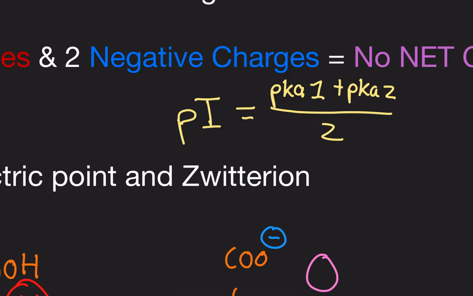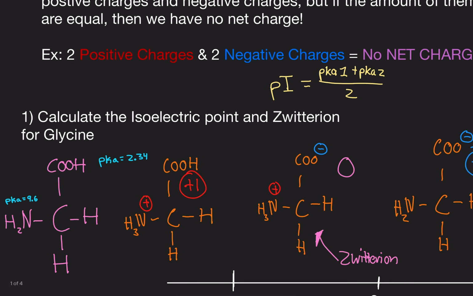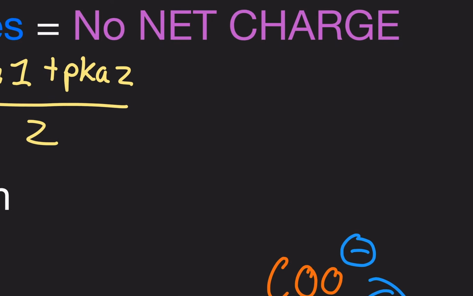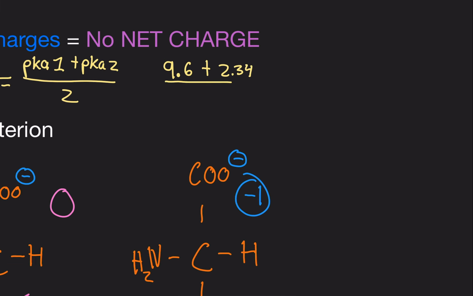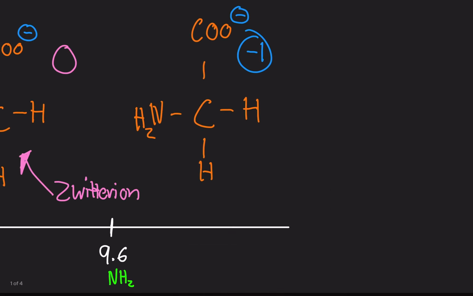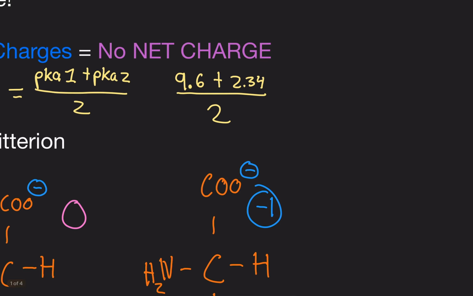All right, so here's what we're going to do. We have two pKa values that were given to us, right here and right here. 2.34 and 9.6. So that's what we're going to use. So 9.6 plus 2.34 divided by 2. Sorry, just get my calculator out. 5.97.